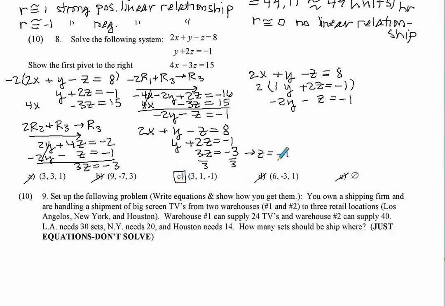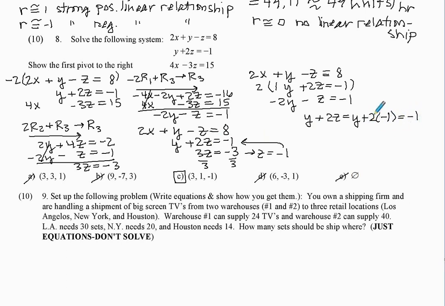Okay, let's confirm that. Let's go ahead and do our back substituting. So remember, what you do is you want to take that z is negative 1 and plug it back in the second equation. So that's y plus 2z, which is going to equal y plus 2 times negative 1, and that's got to equal negative 1.